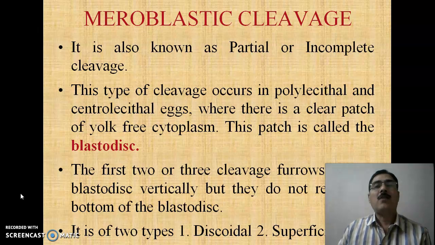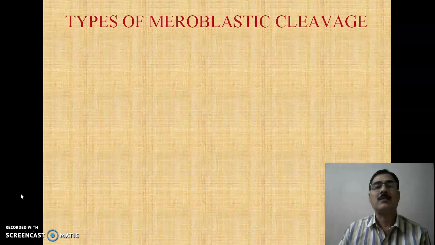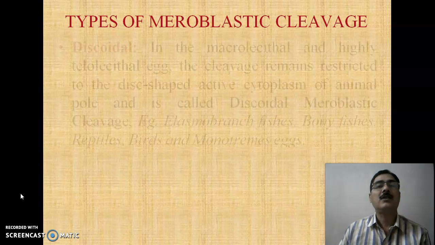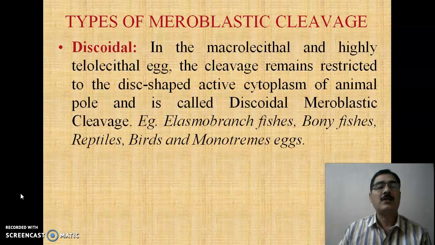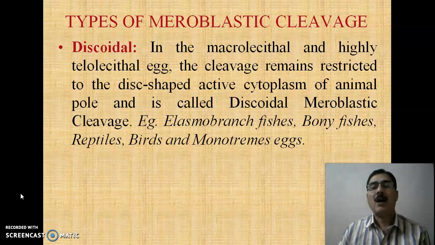There are 2 types of meroblastic cleavage, one which is known as discoidal and the second one which is known as the superficial. Now let us discuss these 2 types of meroblastic cleavage. Number 1, the discoidal. The discoidal cleavage occurs in the macrolecithal and highly telolecithal egg.